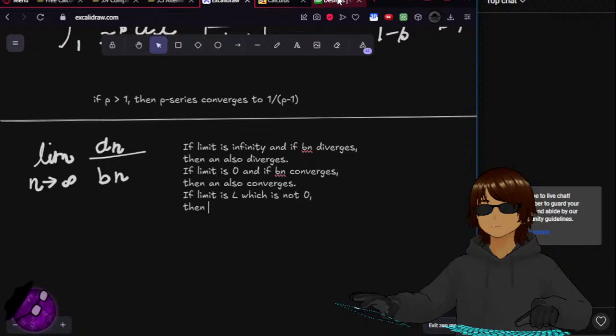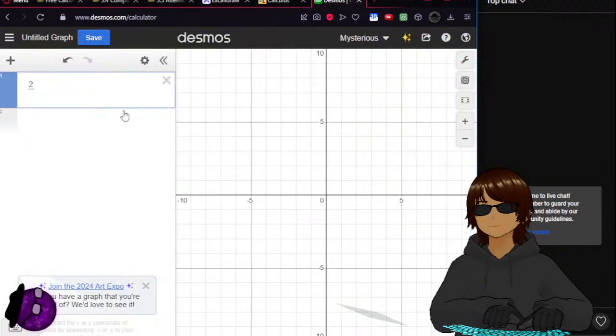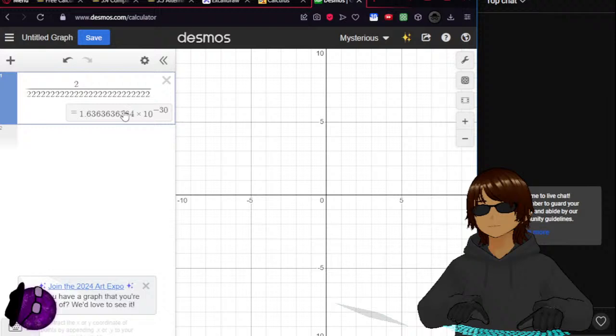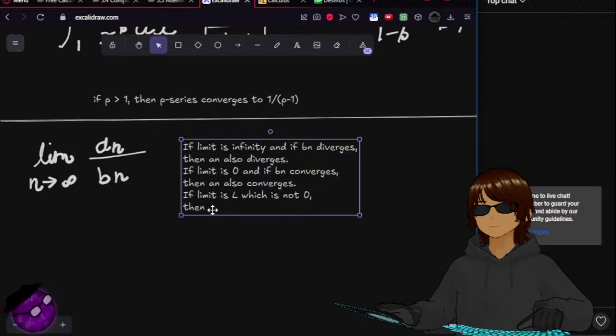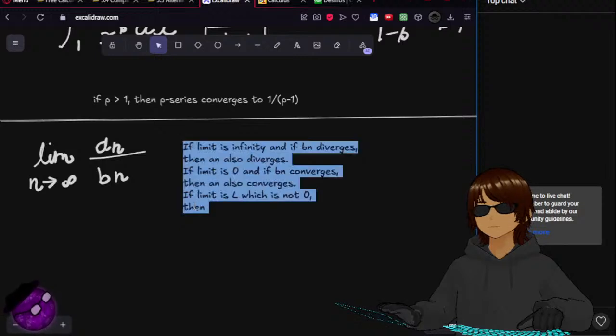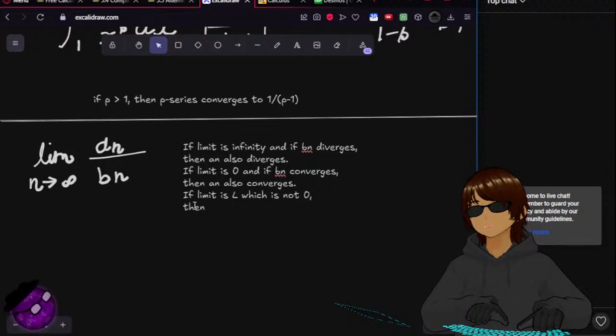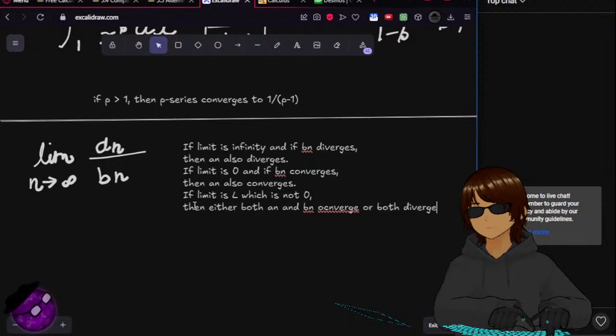I think. Yeah. I don't know why I'm getting so confused. If this diverges and this converges, the limit goes to infinity. So either an and bn both converge or both diverge.